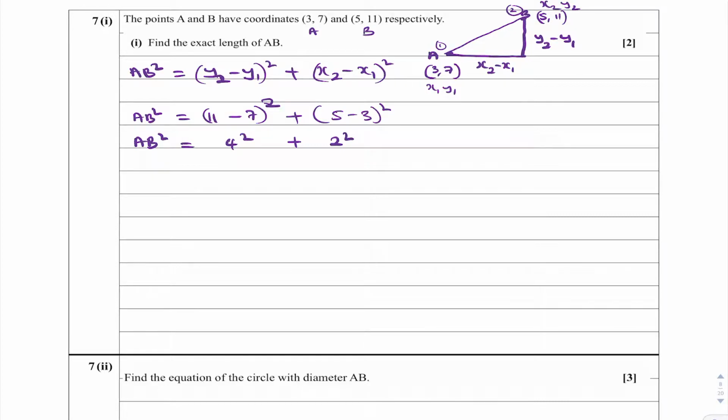Now I need to add them together. 4 squared is 16 plus 4, that will be 20, and that's AB squared.